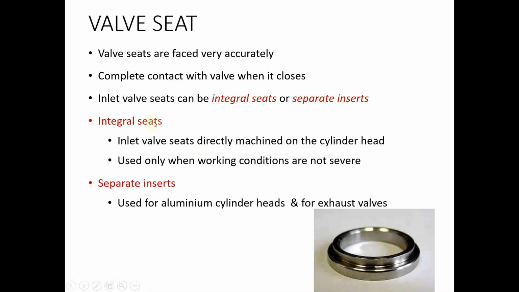Then there are different types of valve seats. It can be integral or separate inserts. Integral seats are directly machined on the cylinder head, and separate inserts means they are different components like this which are inserted and fixed into the cylinder head on the holes that are drilled in the cylinder head.